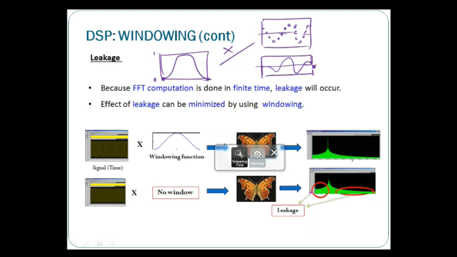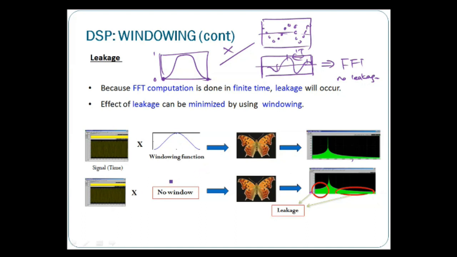So you won't have the leakage issues in the process of transforming from the time to the frequency domain. After the windowing function, going through the FFT, you have no leakage. Whatever the signal is, you have a frequency here, let's say 1 over time, and it will be correctly represented.